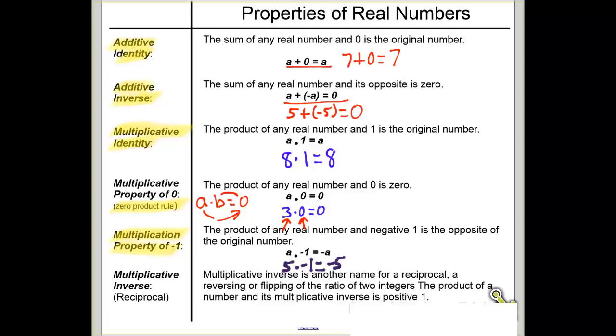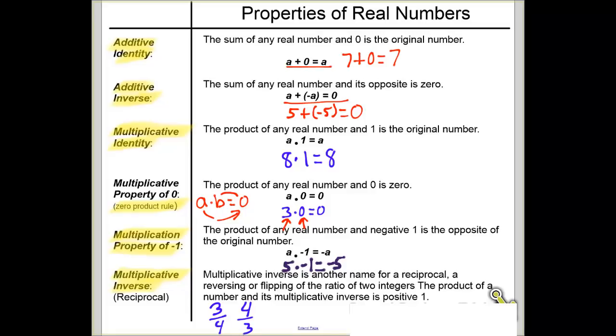Multiplicative inverse is really just reciprocals, another name for multiplying by a reciprocal. That means you're flipping a number over, or reversing the number for the ratio of two integers. So for example, let's say we have the number 3/4. The reciprocal or multiplicative inverse of that would be 4/3.